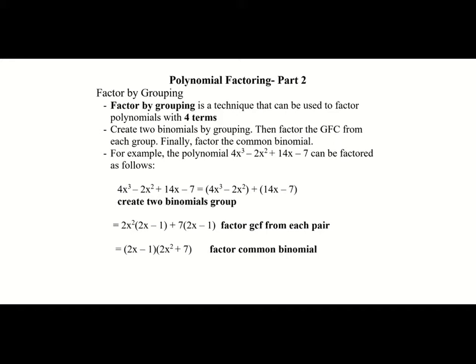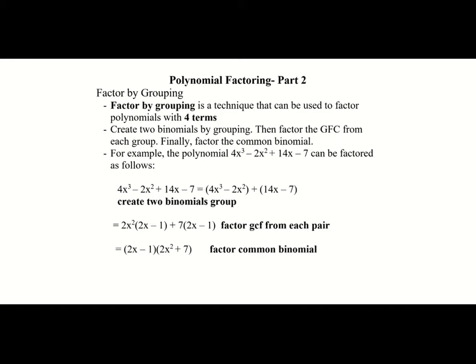To factor by grouping, you create 2 binomials by grouping 2 terms together. Then you pull a greatest common factor out of each of those 2 binomials, and then we're going to see if we can factor that again.